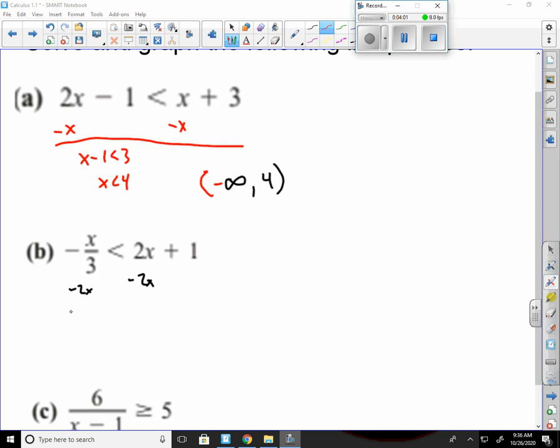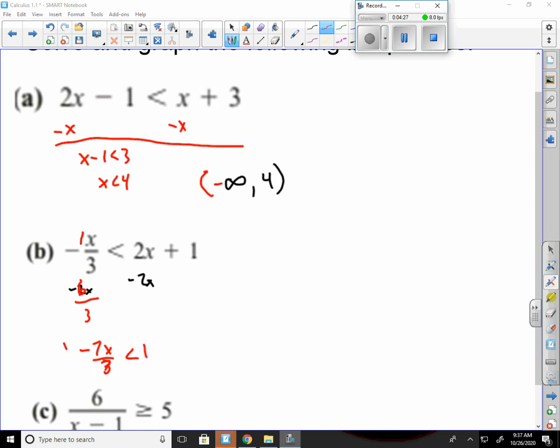All right, so when I subtract this 2x over, I need to get a common denominator, which means I multiply the bottom by 3 and multiply the top by 3. That's negative 6/3 that I'm subtracting now. So that gives me negative 1x over 3 minus 6. That's negative 7x over 3 is less than 1.